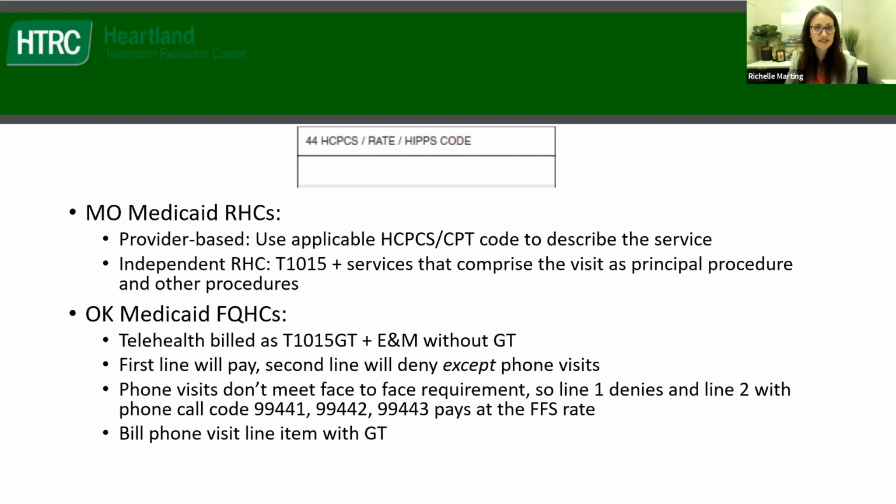So if that's an office visit, 99214. If you are an independent rural health clinic, then you're going to use a specific code here, T1015, and the services that comprise the visit will be listed as the principal and other procedures further down on the claim form.